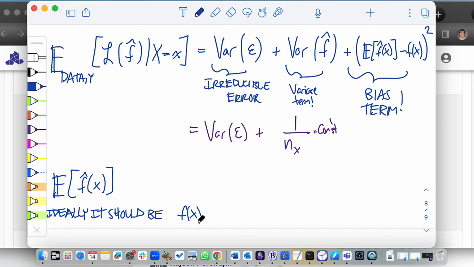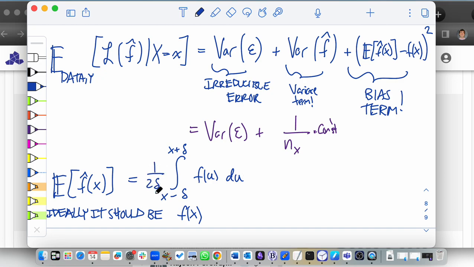If it was exactly f of x, that would be unbiased, and then that bias term, the difference squared, would be 0. That would be lovely if that was true. Unfortunately, I think it's not that. And I think it's actually another very simple formula. It's the integral from x minus delta to x plus delta of f of u du, averaged with a factor of 1 over 2 delta.